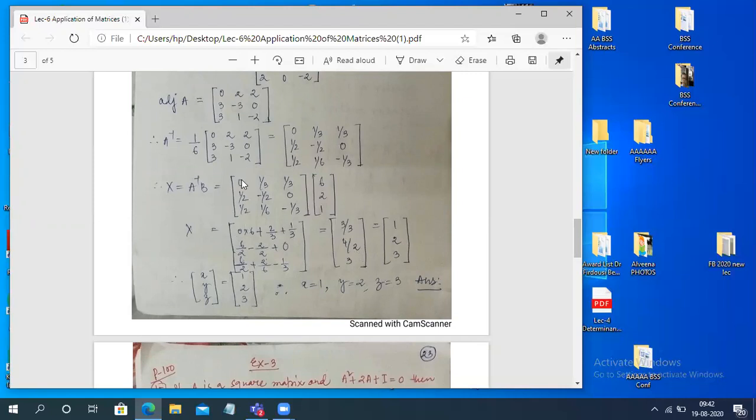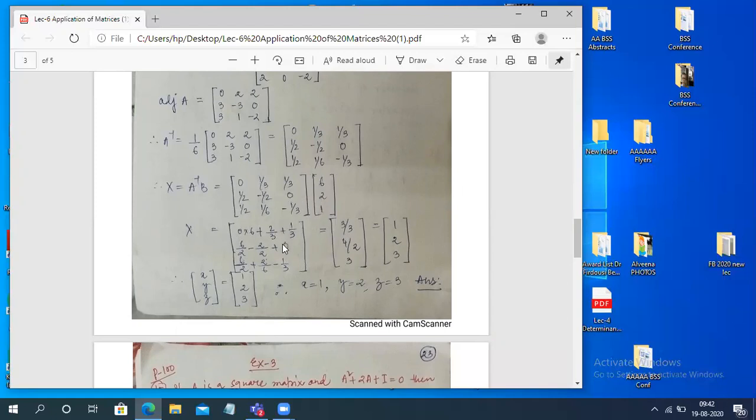Now use the matrix multiplication rule. The first row with the first column, there is only one column, so it will form one element: 0 into 6 plus 1 by 3 into 2 plus 1 by 3 into 1. It will form the first row. The second row with this column: 1 by 2 into 6 minus 1 by 2 into 2 plus 0 into 1.